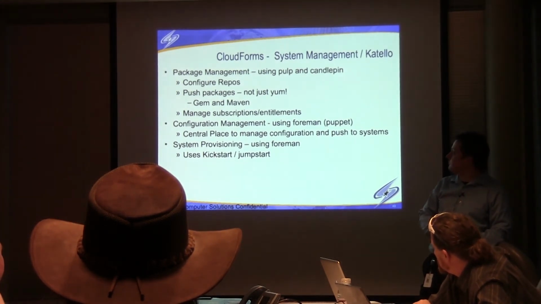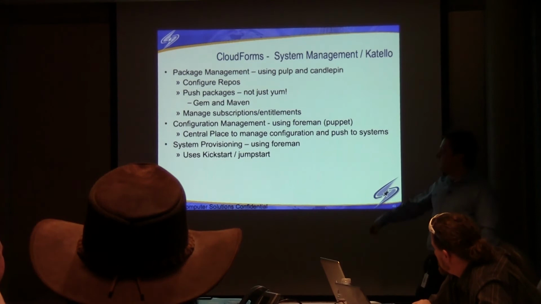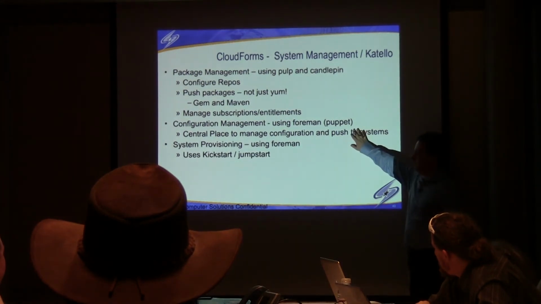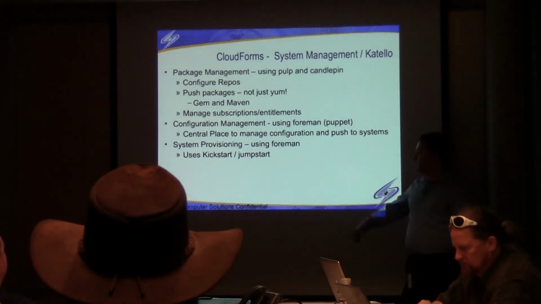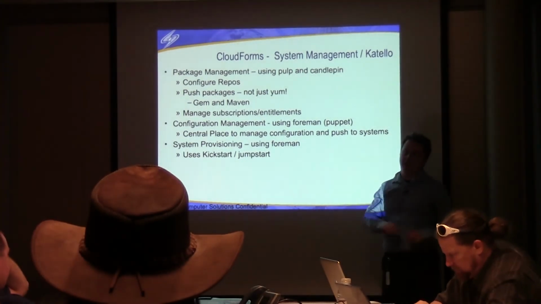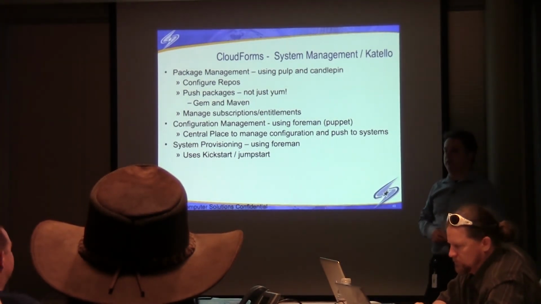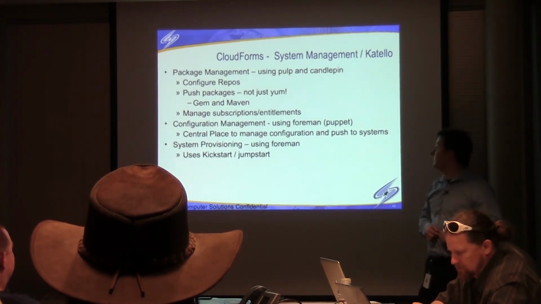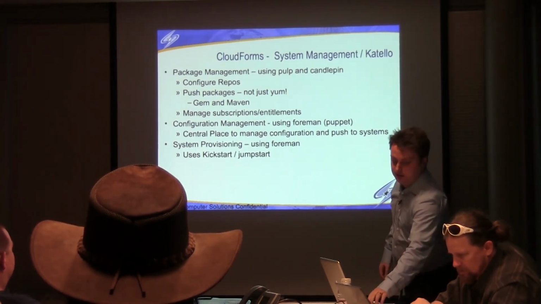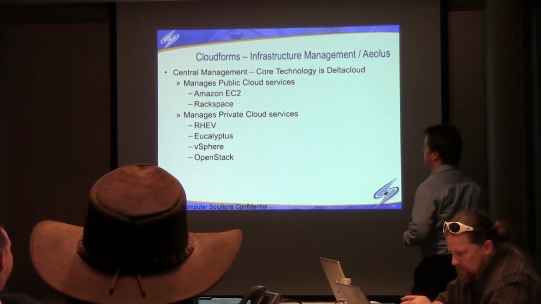And then, this isn't integrated in yet, the configuration management. They'll be using Puppet, basically a version of Puppet. The project's called Foreman. And then system provisioning, again, using Foreman. Not in yet, that's for the bare metal stuff. The virtualization stuff is in another project, and that's the Aeolus project.